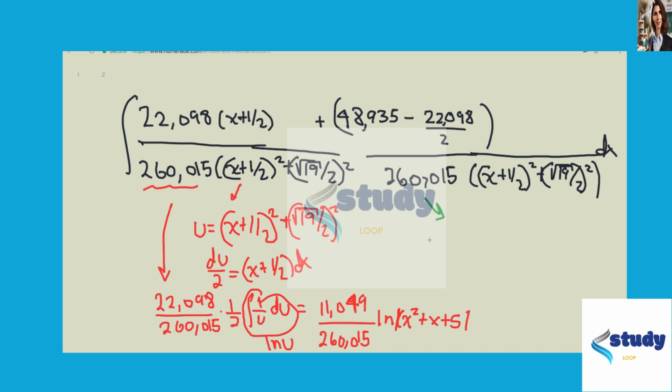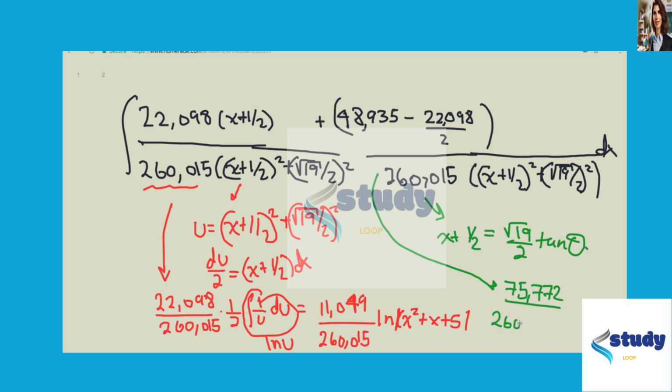For this integral, let's do trig sub. Go ahead and evaluate this using this trig sub in the same manner that I did over here using the u sub. And this integral becomes 75772, 260,000.